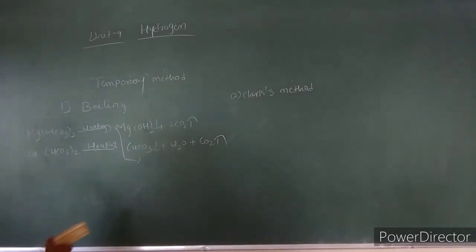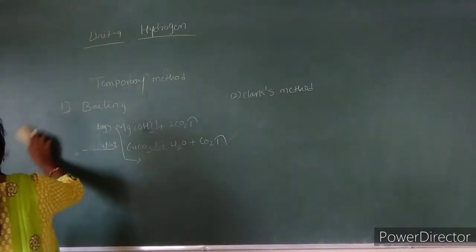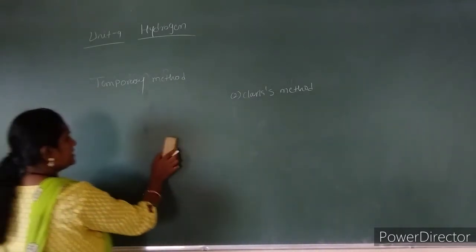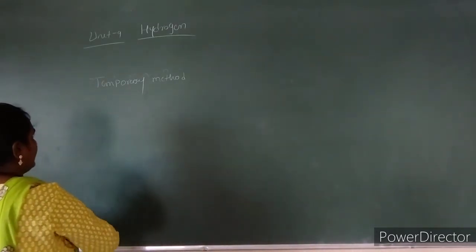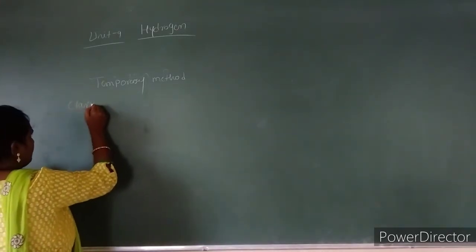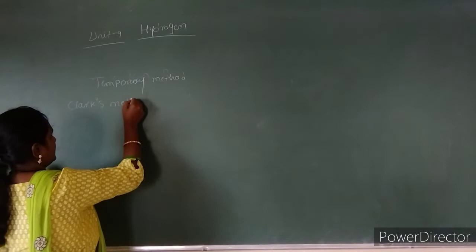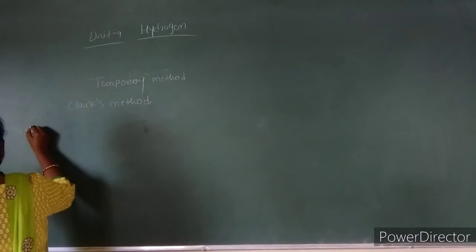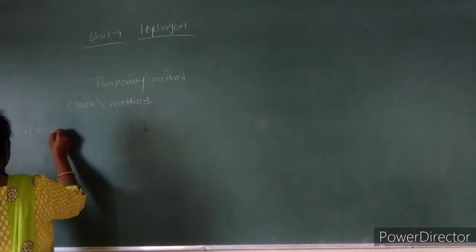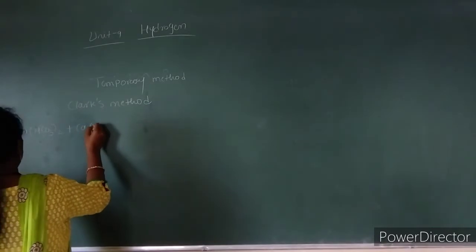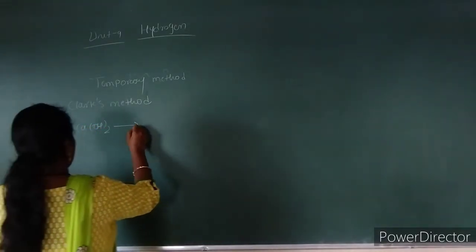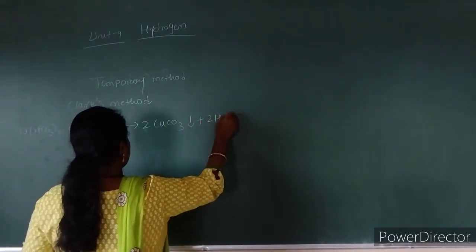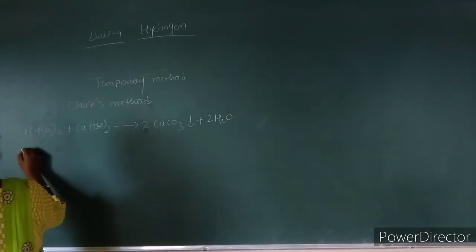Another method is the Clark method. Here, by adding a calculated amount of lime to hot water, we can remove the hardness of water. Here also, the calcium hydrogen carbonate reacts with the lime, that is calcium hydroxide, and forms a calcium carbonate precipitate, and the magnesium hydrogen carbonate forms a magnesium hydroxide precipitate.